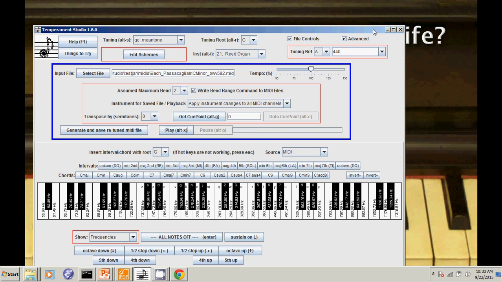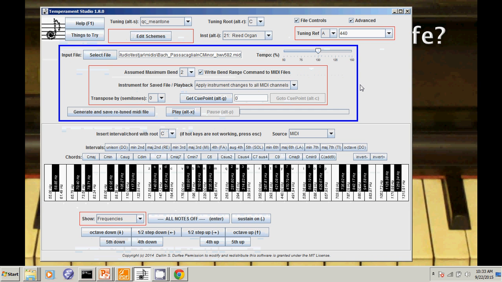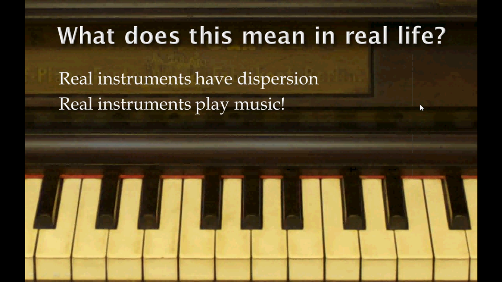When you listen to Bach's music on an organ tuned to quarter comma mean tone, you can see he used some intervals that are particularly bad to build tension and then resolved them with the really consonant ones. You don't hear that on an organ tuned using our modern equal temperament scale.